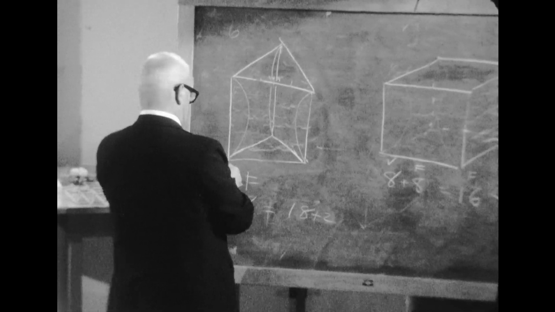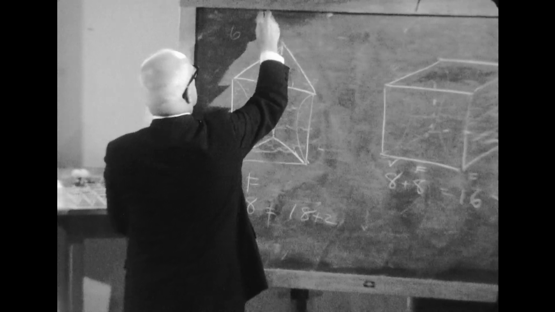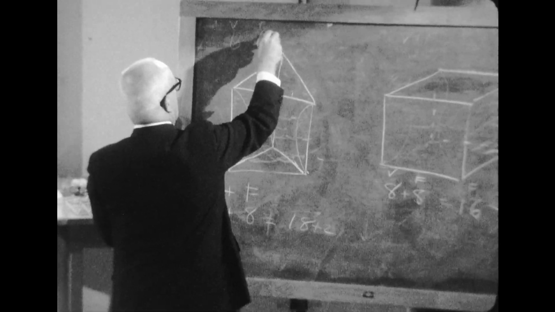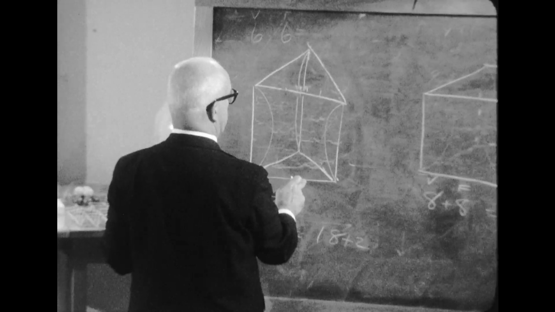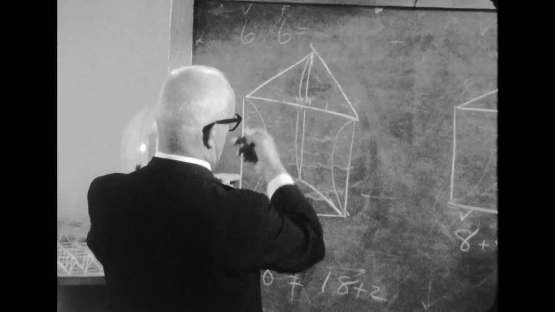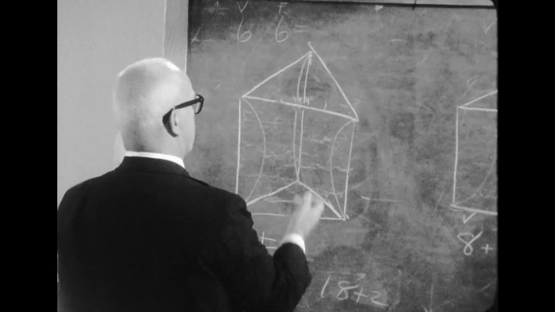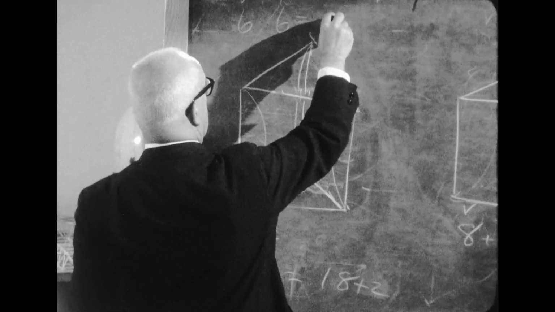So there's six faces in the system. And then the numbers of edges are 3 on the top, 3 on the bottom, making 6, plus 3 whites vertically, and 3 yellows vertically, making 6 again, making a total of 12.